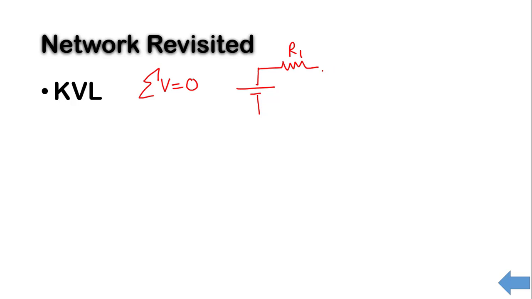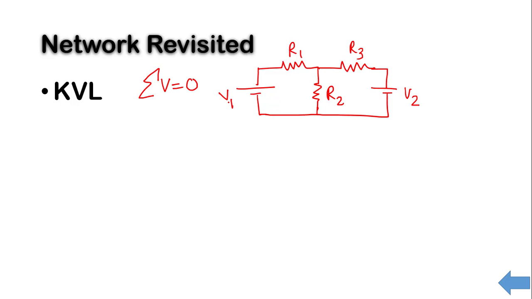Let's say this resistance is R1, this resistance is R2, this resistance is R3, and this is the circuit that we are going to take. Let's say this voltage is V1, this voltage is V2. Assuming current I1 in this loop, this is the first mesh, and I2 in this.